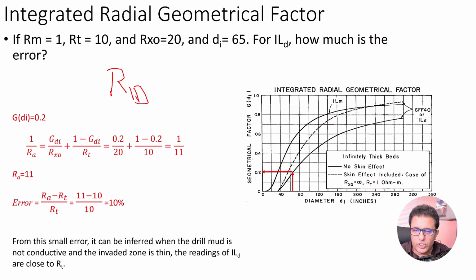From the chart, we read the geometrical factor for deep reading, and if we look at this chart, we notice that the geometrical factor is 0.2. If we plug it into the equation, we notice that RA, or the resistivity of RID, is equal to 11 ohm meter.